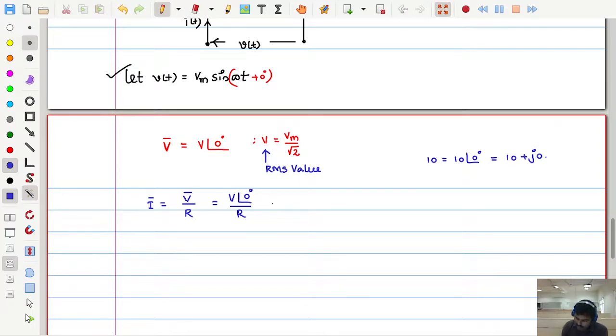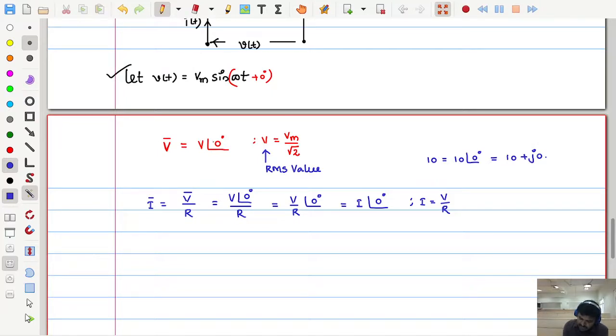If it is so, what do we get here? V by R at an angle 0. And this V by R, I can consider the current magnitude, where I is equal to voltage magnitude divided by resistance. Try to observe, voltage magnitude is different, voltage phasor is different.